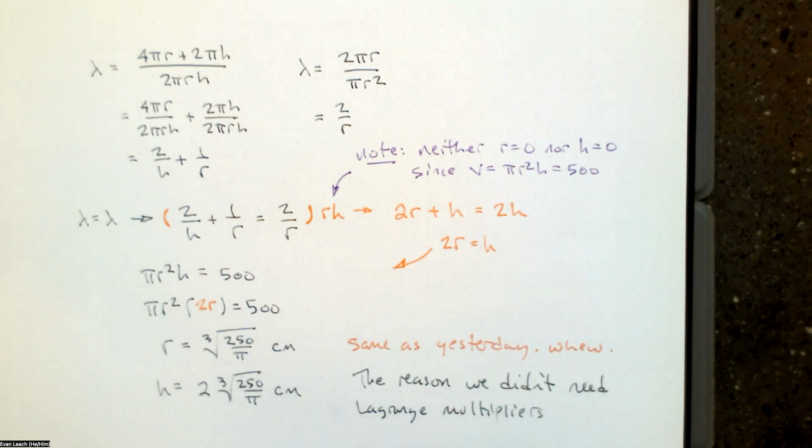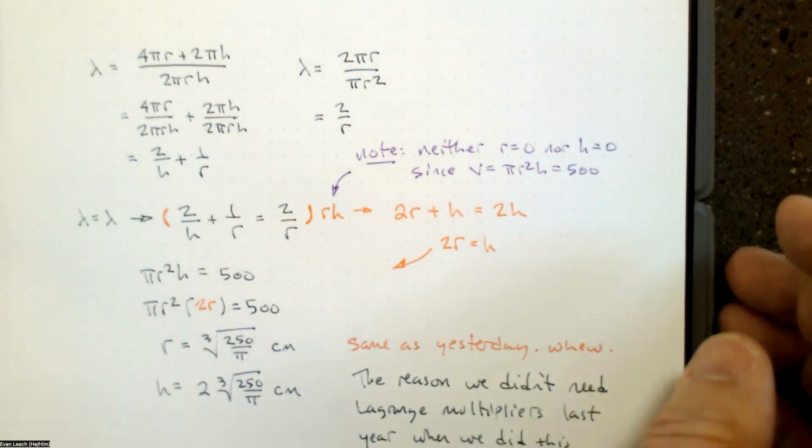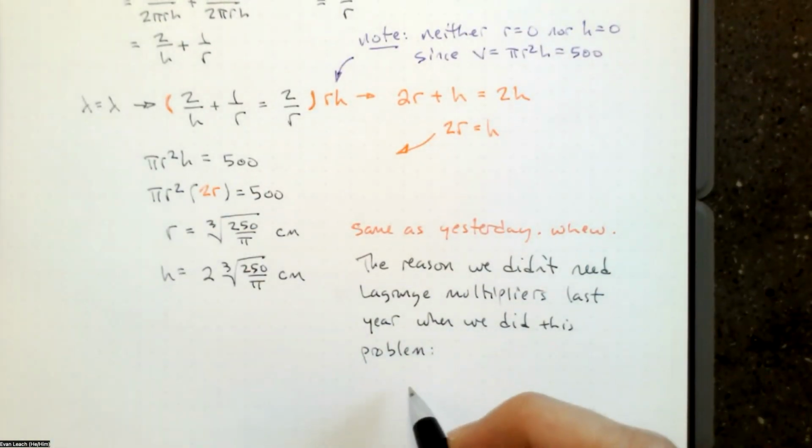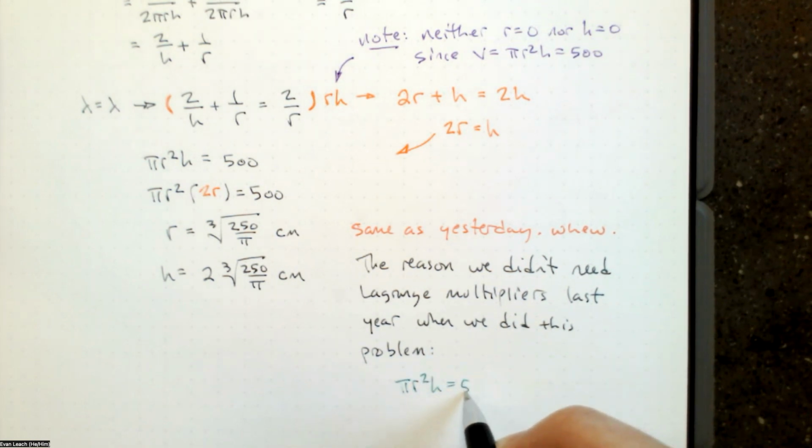The reason we didn't need Lagrange multipliers two semesters ago when we did this problem is that we had the volume pi r squared h is equal to 500.